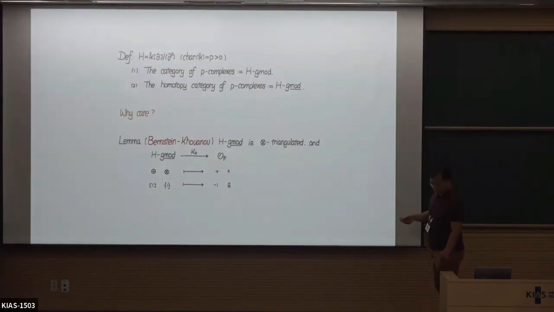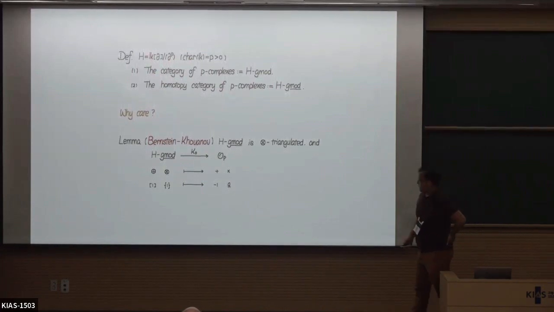Okay, and we'll call the category of graded modules over this Hopf algebra p-complexes, and the stable category, which is obtained from this module category by quotienting the class of projective injective modules, the stable homotopy category of p-complexes.